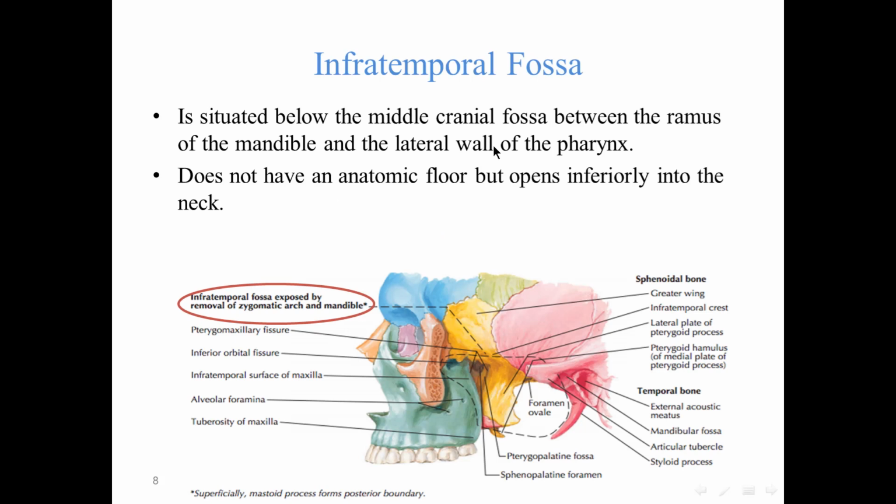Infratemporal fossa. The other fossa in the face is the infratemporal fossa. It lies deep to the ramus of the mandible, inferior to the temporal fossa, and lateral to the lateral pterygoid process of the sphenoid bone and pharynx.